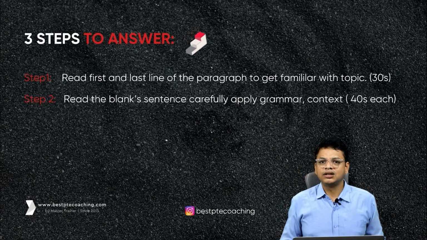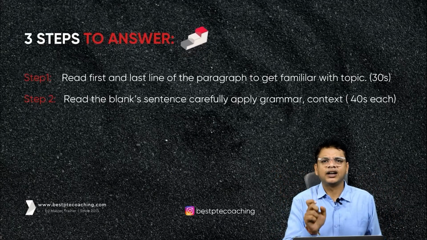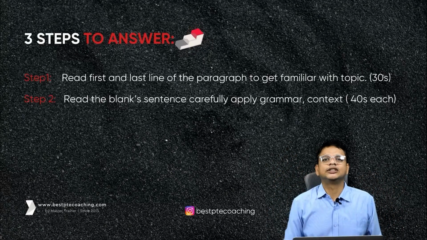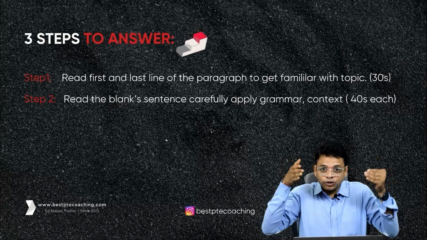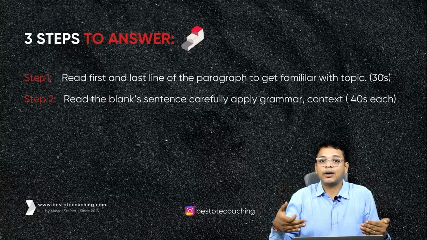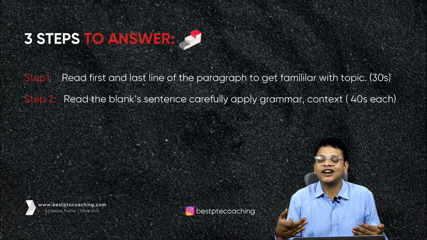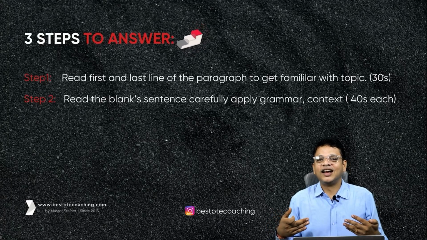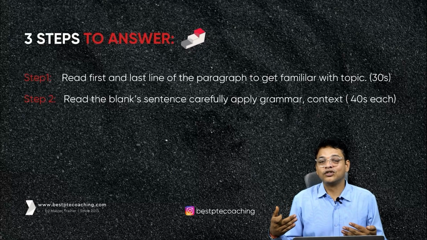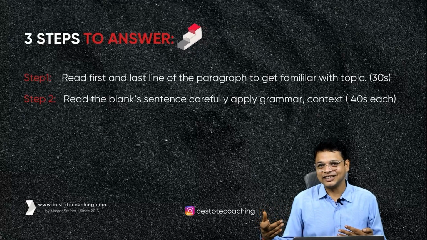For example, in the blank I found out a plural noun is missing, and the situation is a negative situation. Then in the options at the bottom of the paragraph, I will be looking only at plural nouns, not singular nouns, especially those nouns which are negative. Understanding, guys?